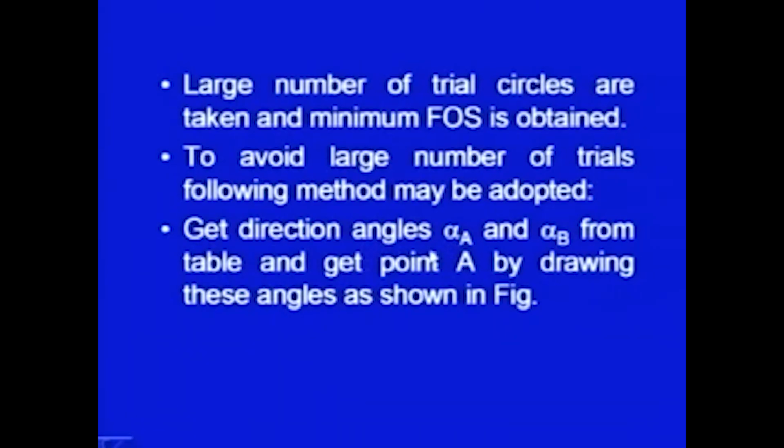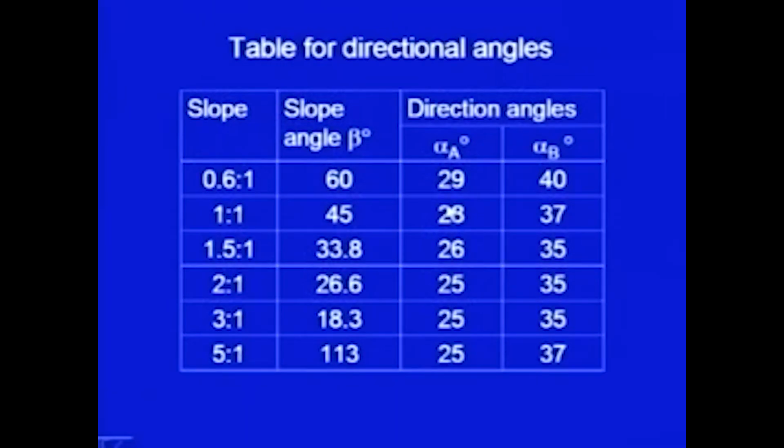Get direction angles alpha A and alpha B from the table, and get point A by drawing these angles as shown in the figure. First of all, let us say these are the slope angles 60, 45 and so on. These are the slopes in terms of ratios, and this is a suggested table. You have to get the values corresponding to that slope.